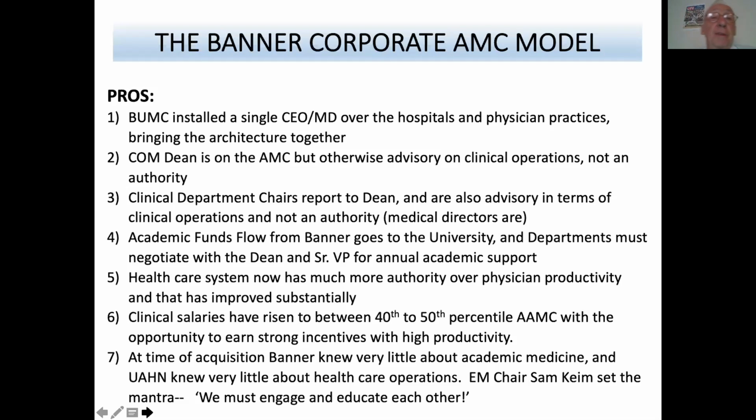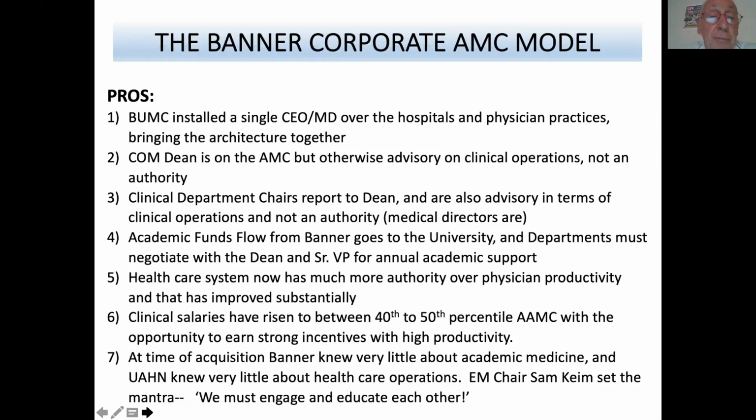So these are pros and cons of the Banner corporate AMC model from the perspective of my chair, Sam Keim, and myself. The pros are that Banner installed a single CEO MD over the hospital and physician practices, bringing the architecture together. The College of Medicine Dean is on the Academic Management Council, a governing body, but otherwise advisory on clinical operations and not an authority.